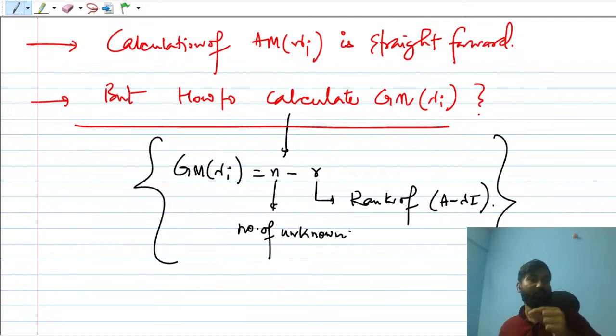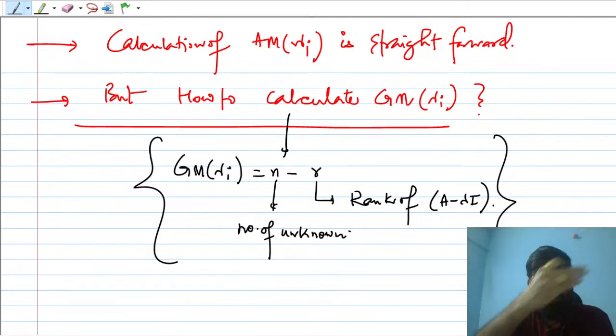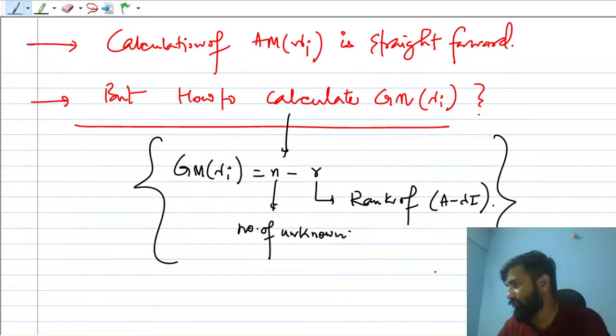We just subtract lambda 1 from the diagonal. Then we will be able to see the rank. How can we find the rank? We have to apply elimination. These shortcuts everybody knows, so I will not explain again and again. We will take some questions, and you will understand.